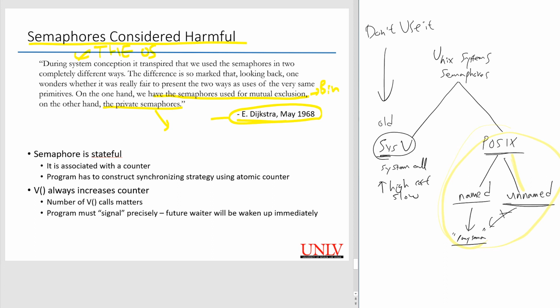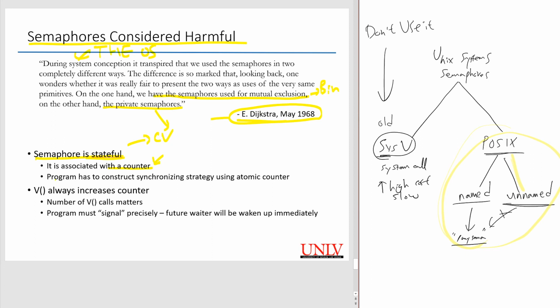All right, let's think about the semantics of semaphore. Semaphore is stateful. Compared to condition variable, which is stateless, is memoryless. But semaphore is stateful. Obviously, it has an internal counter. That's the defining feature. And the counter remembers how many times P and V have been called. Okay, that's an important distinction.